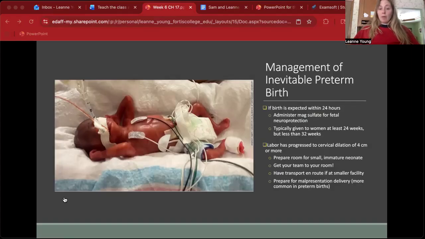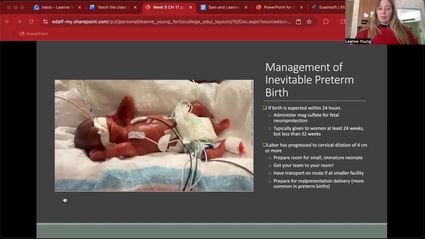And the squad came and they sat on our delivery center until mom delivered so that they could be present and take care of those two babies because they're so small, okay? That was best case scenario. That's not how it always shakes out. But if you are anticipating an imminent delivery of a preterm baby, you should have your team or your resources there for you. Okay.